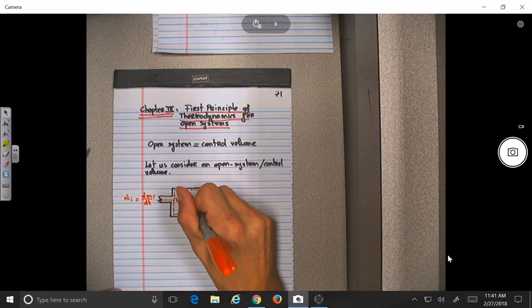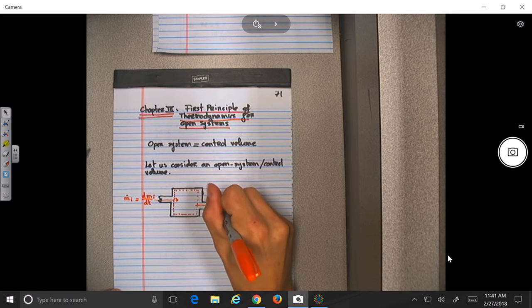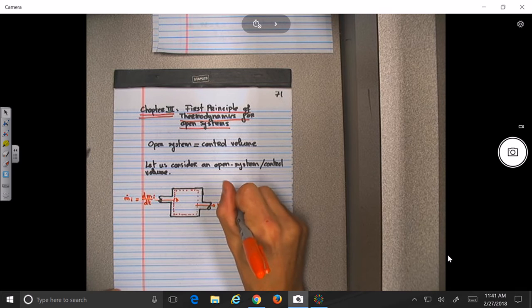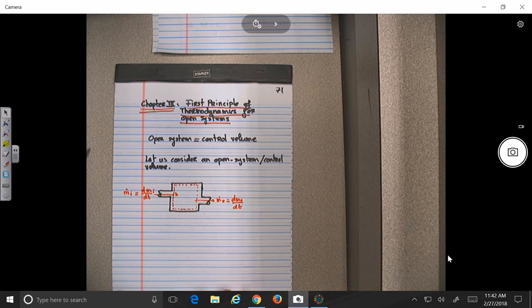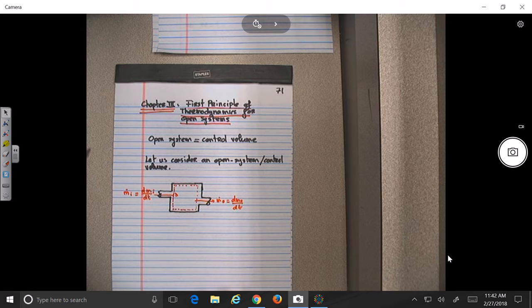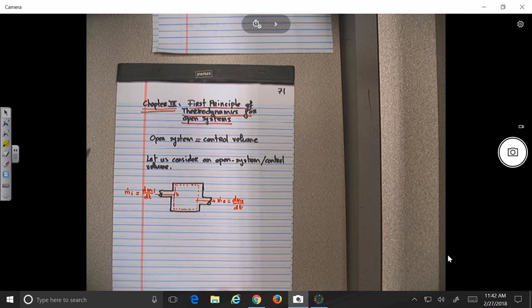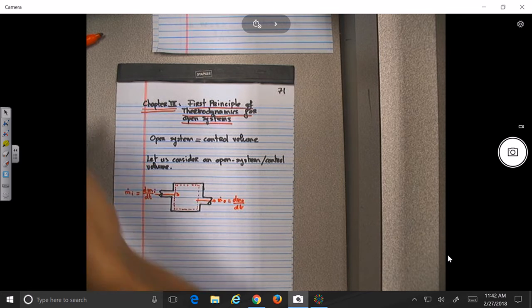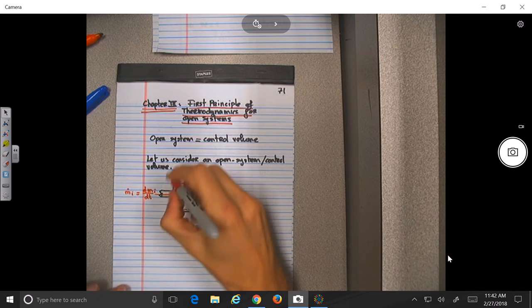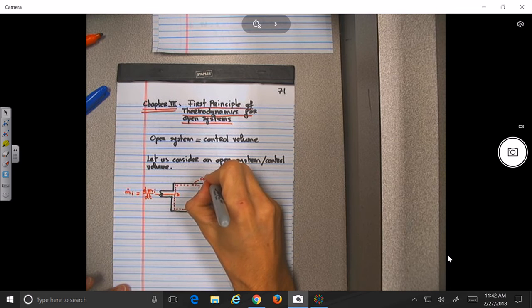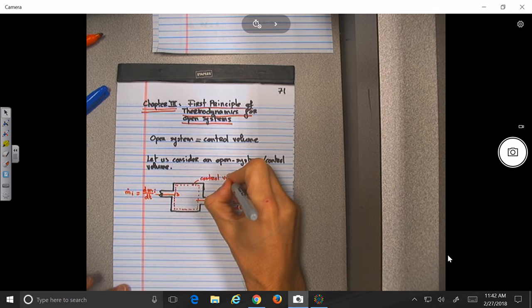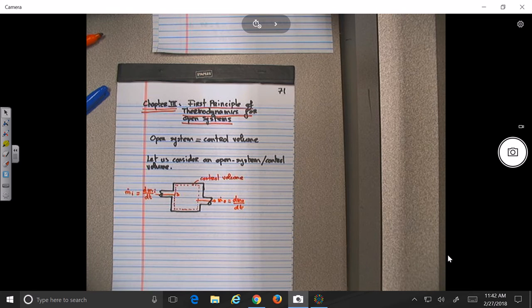And here we're going to have something similar, but for the output. I have to redo the figure later, but it's fine. So this is an open system, and this is what they call the control volume.